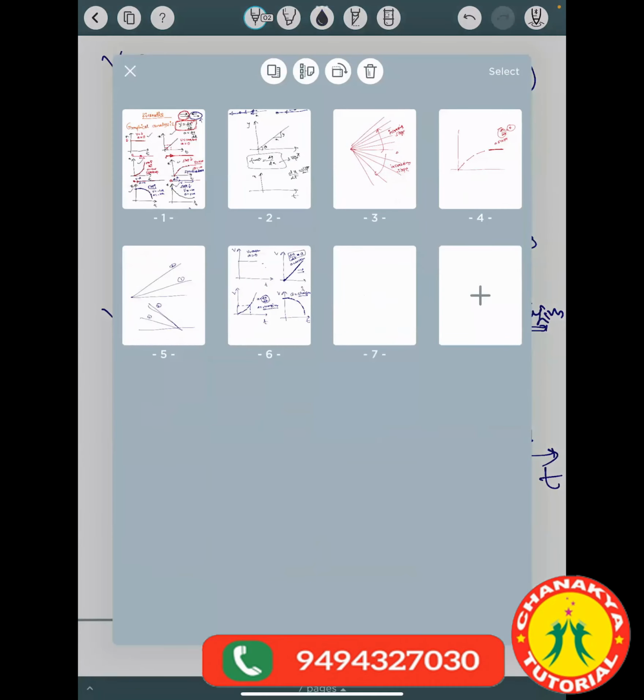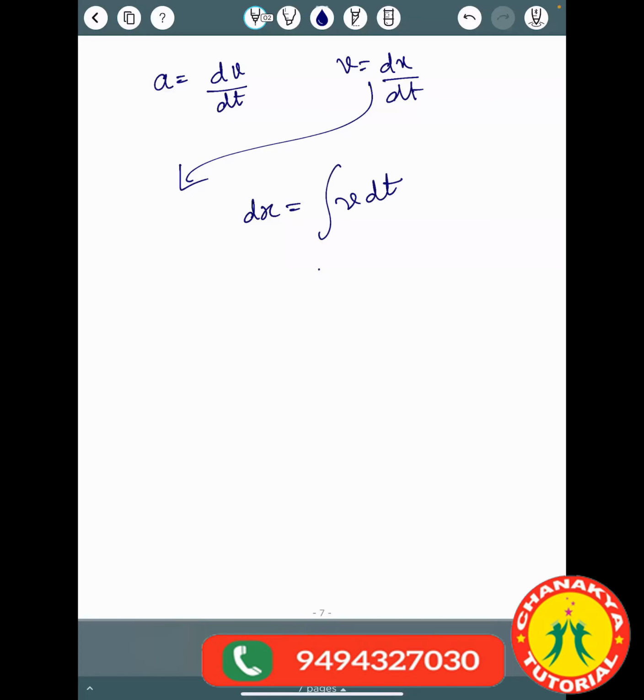So now you know that A is equal to dv by dt, correct? And v is equal to dx by dt. So if I take this formula, what will be my dx? v dt, correct? If I integrate it from t1 to t2, from x1 to x2, this will be the change in x, equal to the integration from t1 to t2 of v dt.